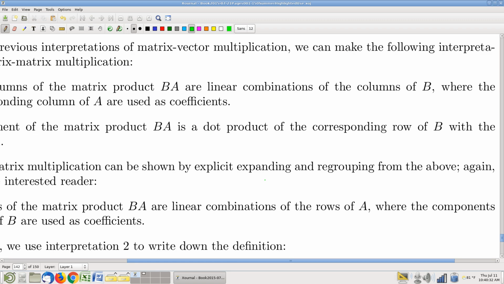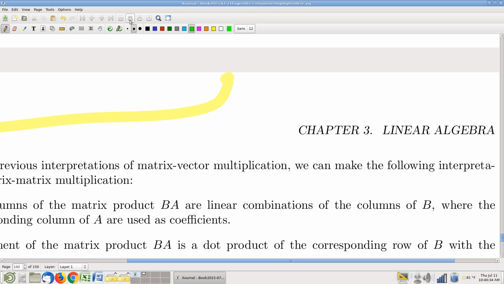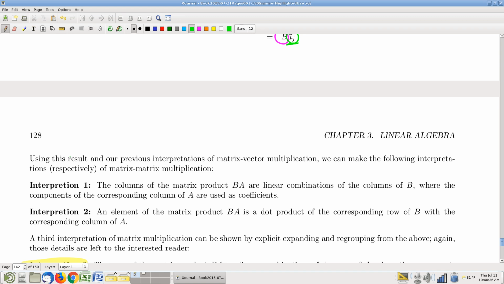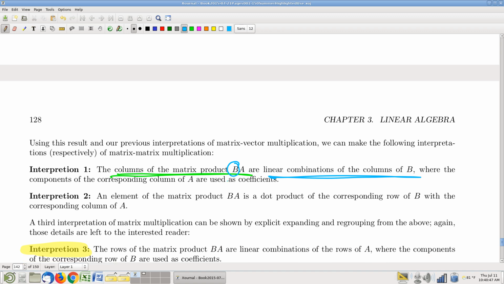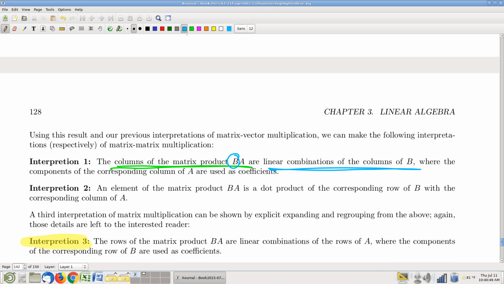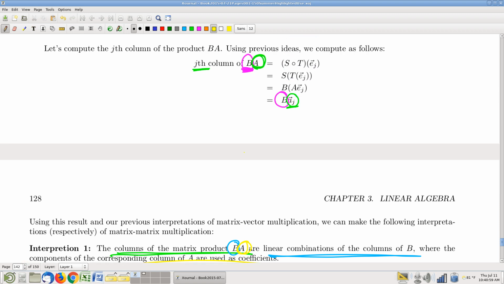And here it is. A column of this matrix product is a linear combination of the columns of the left matrix, where I use the corresponding column of the right matrix as coefficients. Again, all that is just a recopy of what that says right there.